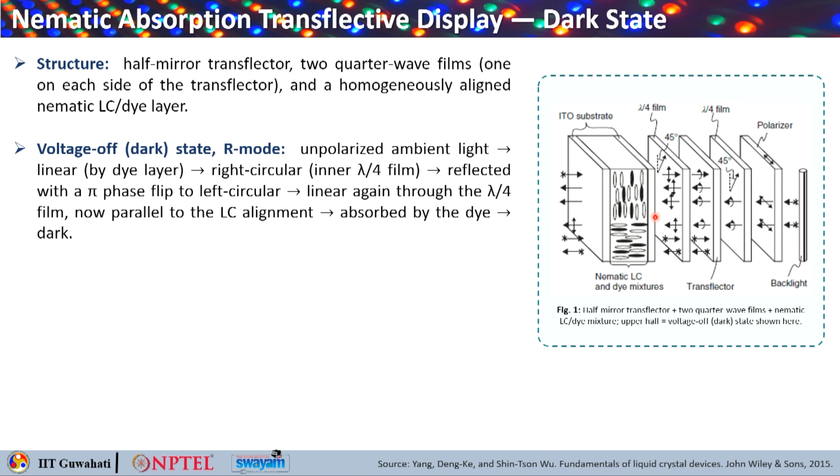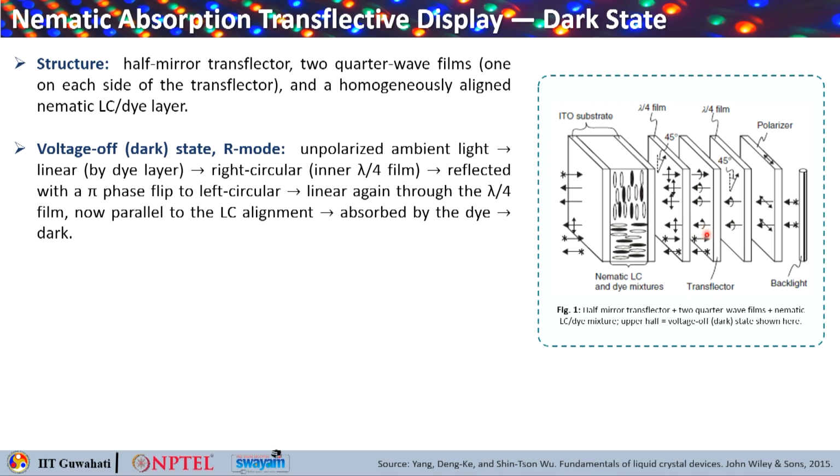Now this linear light passes through the inner quarter wave plate, which converts it into a right circular polarization, and then it reaches the transreflector, where it gets reflected off the surface. This reflection introduces a pi phase shift, or 180 degree phase shift, that flips the handedness to left circular polarization.